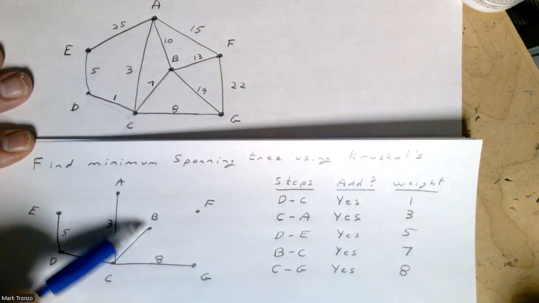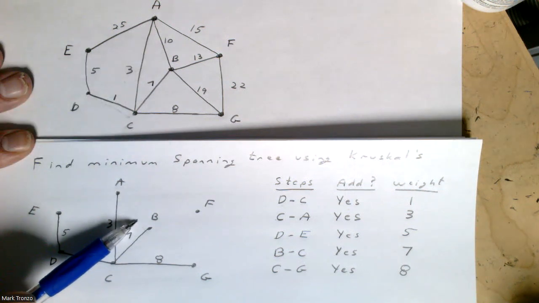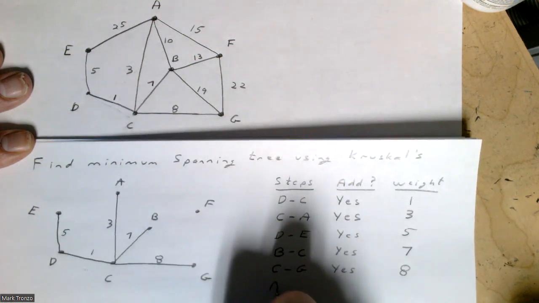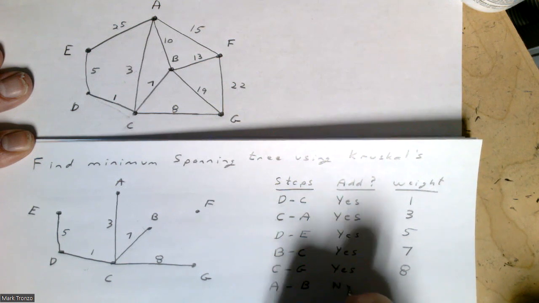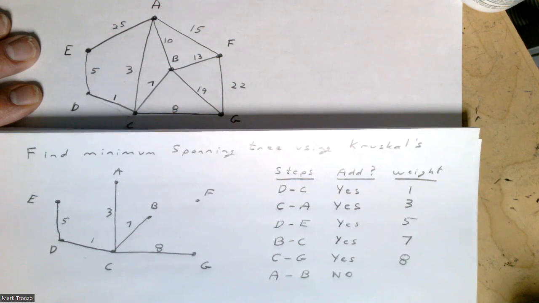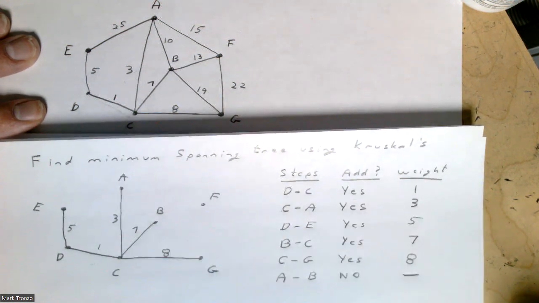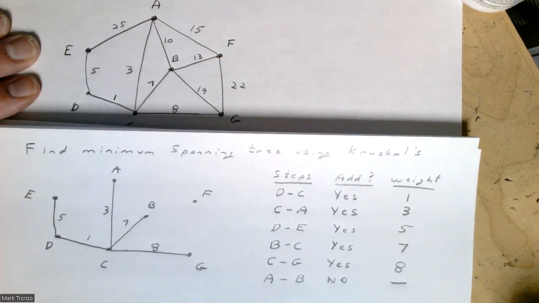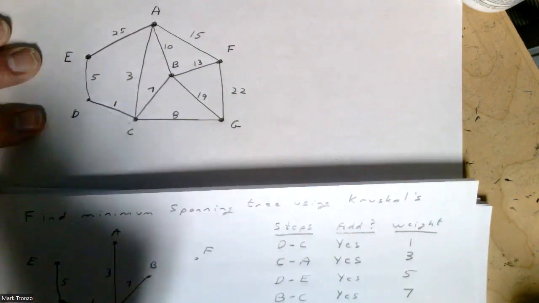Anytime you would put an edge in and it would cause a circuit, don't add that. But mark it on your graph, AB, and just put a no here. No, we didn't add it. And don't put the number down.